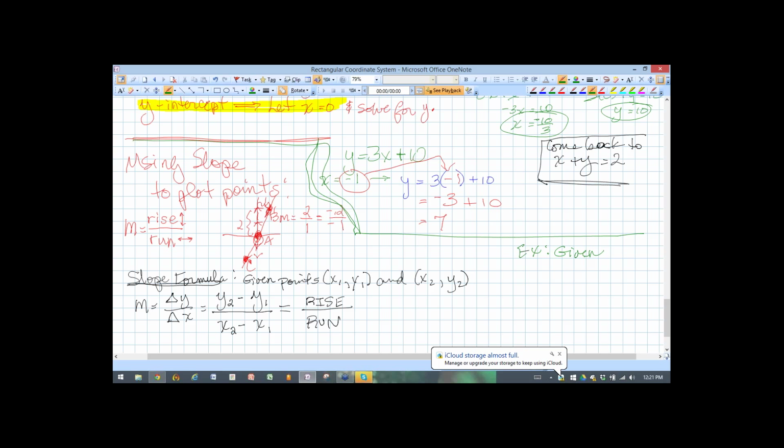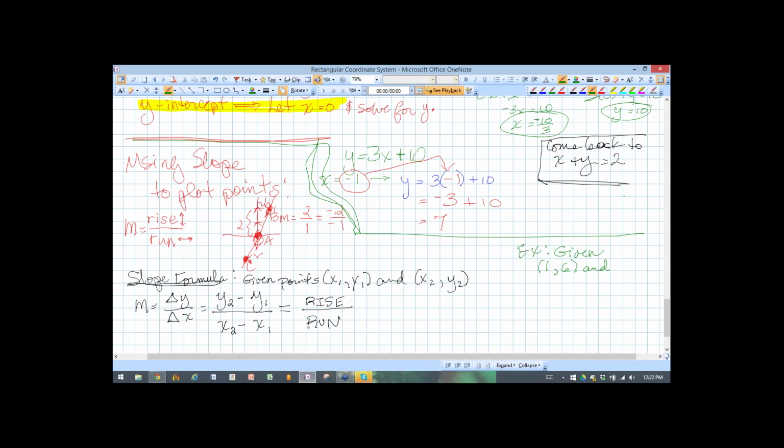Let's say you're given the point (1, 6). The first point is going to be (1, 6), and the next one will be... All right, so let's see. (1, 6).